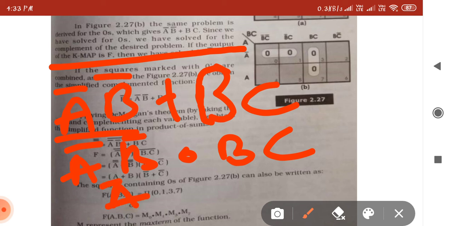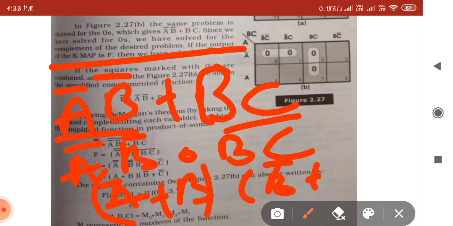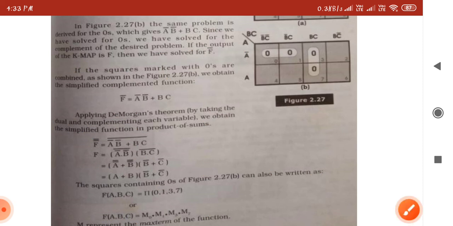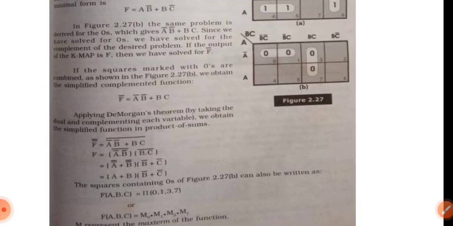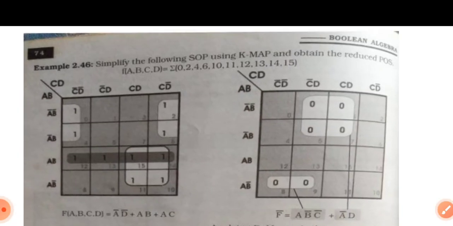A bar bar plus B bar, that is A plus B whole bar, into B bar plus C bar. This is the equation that comes from the SOP equations. The SOP equation can be written as the complement of the equation. Can you get to know that? Yes.